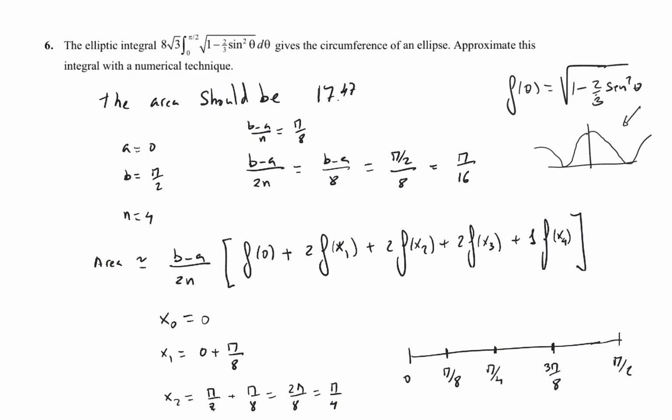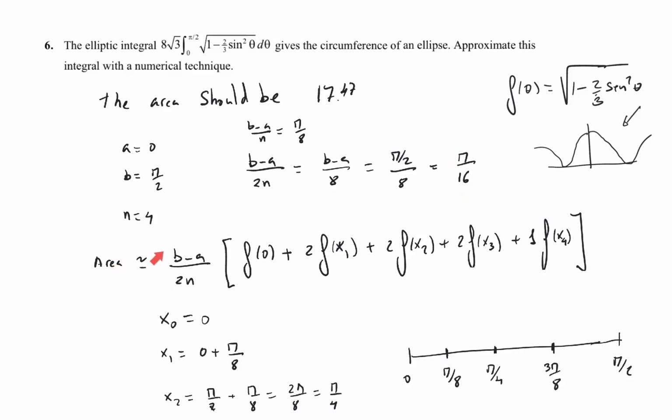trapezoidal rule, if you divide in 4 parts, a is 0, b is pi divided by 2, so b minus a divided by 4 will be pi divided by 8. Pi divided by 2 divided by 4 is pi divided by 8, and pi divided by 8 divided by 2 is pi divided by 16.